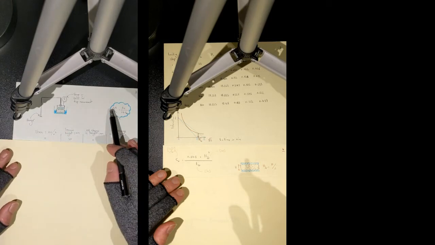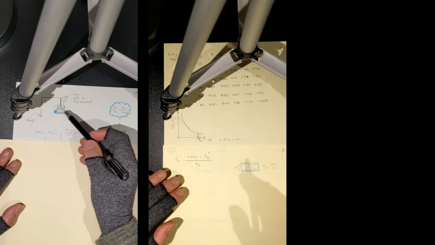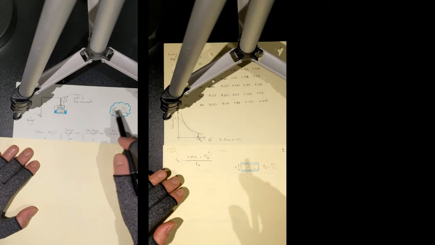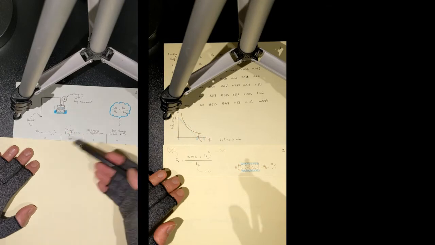Divided by H0. H0 is the initial height of your test specimen, or in the field, the initial thickness of your clay layer. So delta H divided by H0 has different definitions depending on whether it's about field or lab. It is equal to delta e, the change in void ratio, divided by 1 plus e0. e0 is the initial void ratio of your soil, and delta e is the change in void ratio.